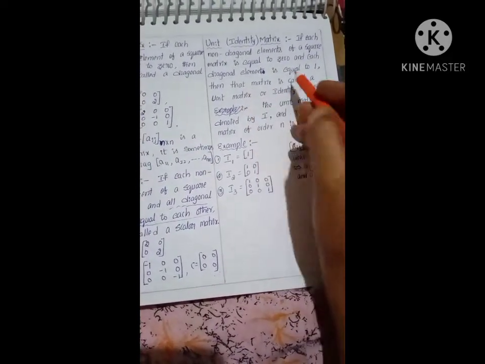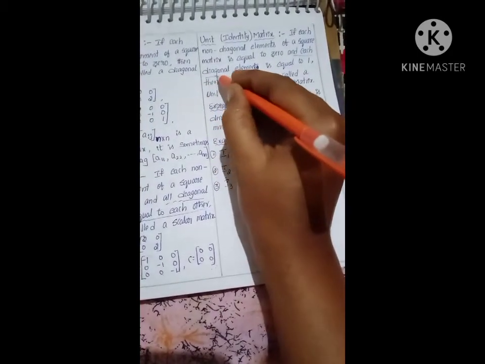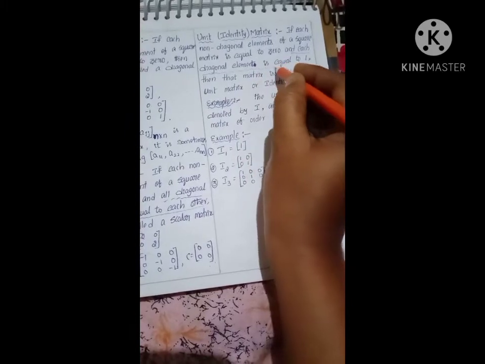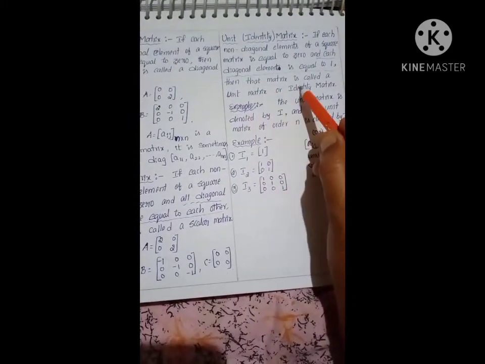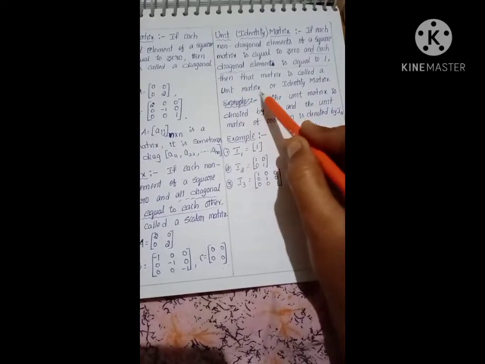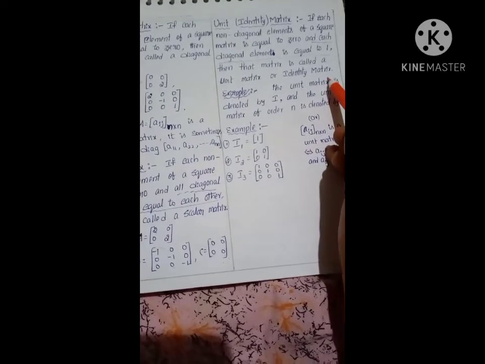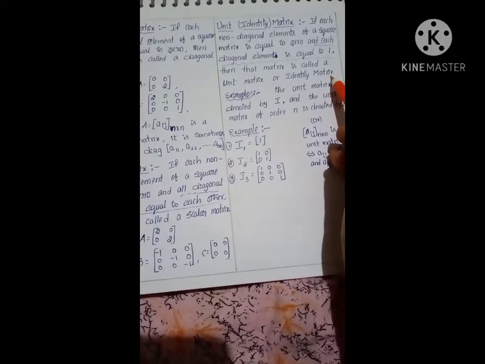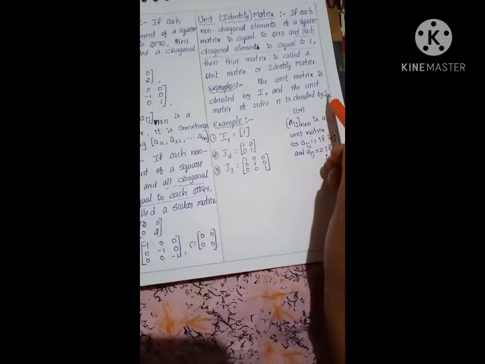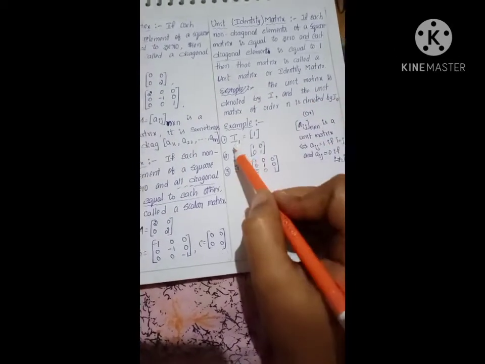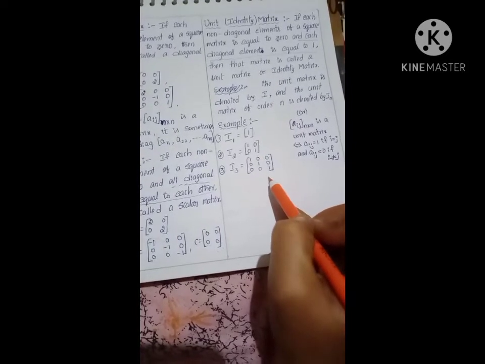Then that matrix is called a unit matrix or identity matrix. This identity matrix is denoted by I, and of order n it is denoted by In. This is order 1, order 2, order 3.